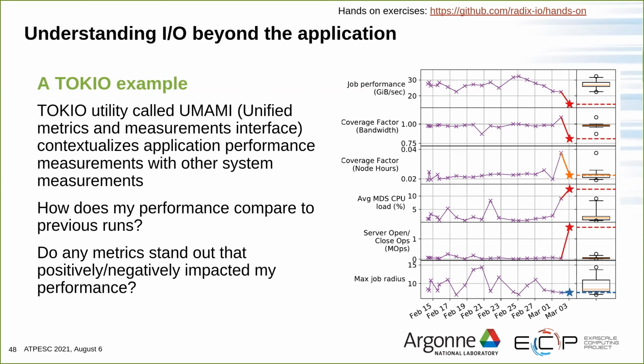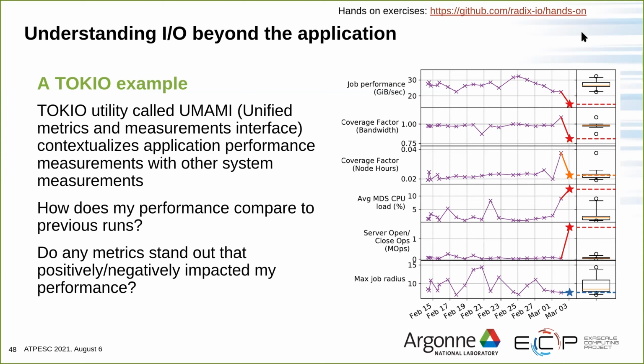You can see here on the right side we have these UMAMI graphs, and basically they plot different metrics of interest over time as a user submits similar jobs. You can imagine you run the same job regularly as part of a campaign, and you want to keep track of what different metrics of interest are doing over time. On the right side, the different panes go from top to bottom showing the metrics, the x-axis is time, and we have points representing the attained performance metric over time.